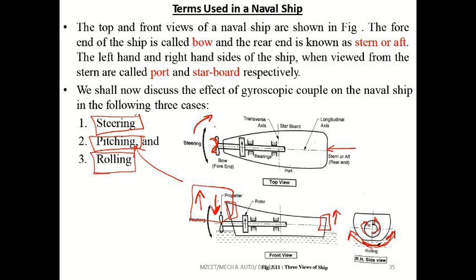So what will happen? Ultimately, since they are opposite to each other, the bow will rise out of the sea and the stern, or aft, will be ditched inside the sea. Also, since it is trying to turn to the right side, the starboard will be ditched inside the sea and the port will try to rise out of the sea.